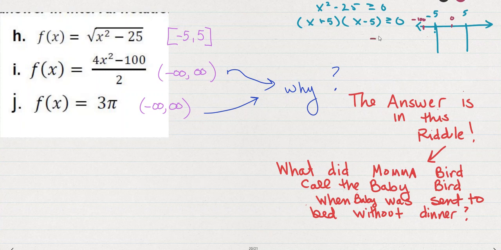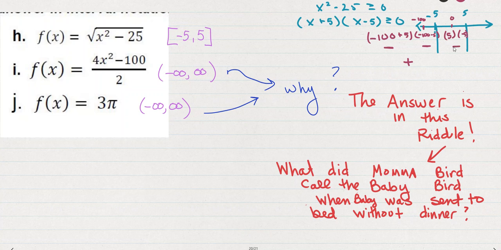If I put a negative 100 in, negative 100 plus 5, we're going to get a negative number, right? And then negative 100 minus 5, we're going to get a negative number. And when we multiply those, it comes out positive. Try it with a 0. 0 plus 5 is 5 times 0 minus 5 is negative 5.